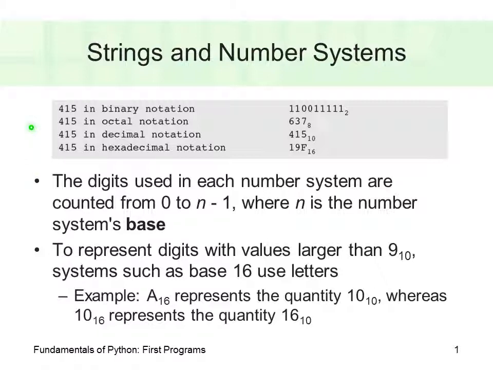However, since by default the normal number system we work with is base 10, or the decimal number system, 415 in decimal notation is itself 415 base 10. As long as we're working in the default base, we normally don't put the 10 subscript. But when we start working with other bases, we always include the subscript just so that there's no confusion. Obviously, without the base 2 here, this could be a decimal number.